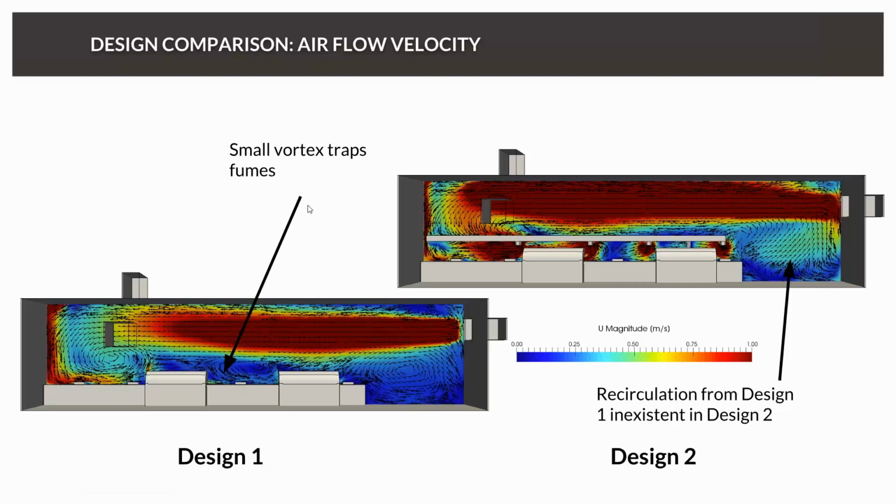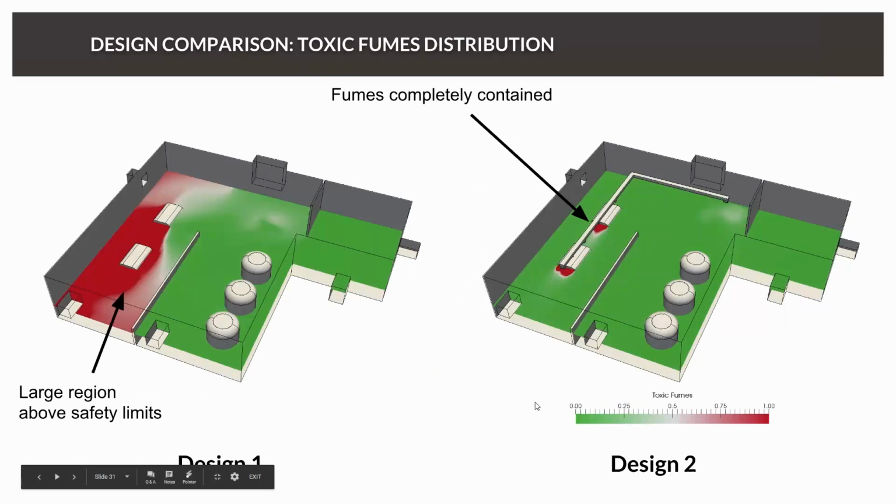It's gone. And also we have the strong draft directly at the outlet and inlet of the coating line, which will reduce the concentration. And yes, if we take a look at the toxic fume distribution, it's obvious that the new design is much better and satisfying all criteria.